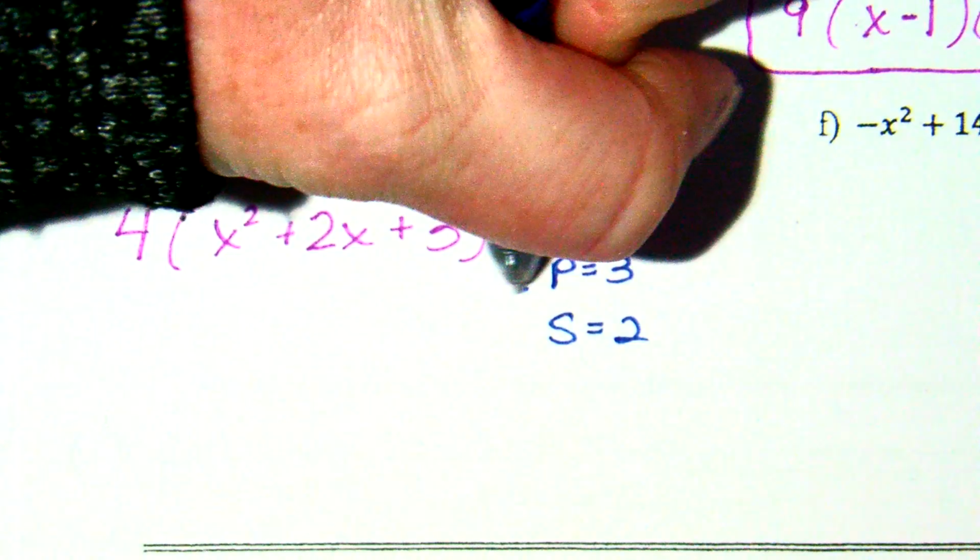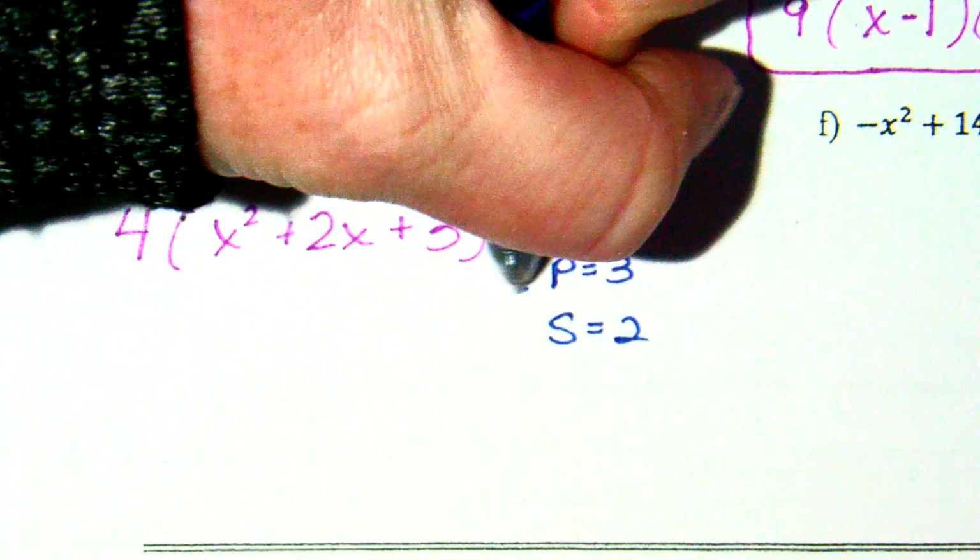Product of 3, which is right there, right? Sum of 2. What multiplies to be 3? 1 and 3. Okay. What do we know about signs here? If it multiplies to be a positive and adds to be a positive, both signs have to be positive.